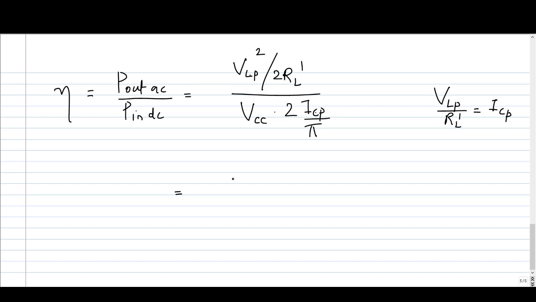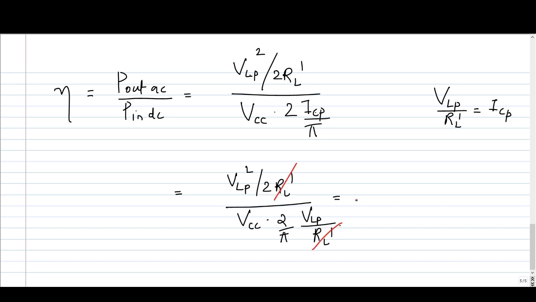Okay, so VLP square by 2 RL dash divided by VCC into ICP can be written as VLP divided by RL dash, and this 2 by pi factor is here. Okay, so if you simplify this, RL dash will cancel.